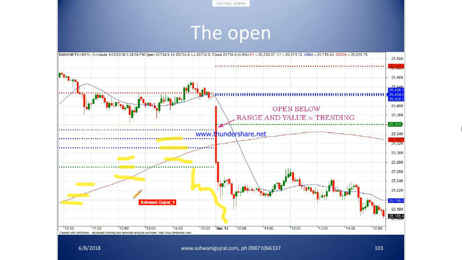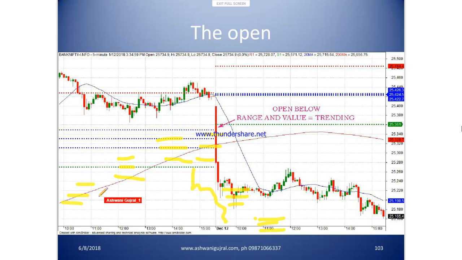Generally the way trends end is that you had this upside going on, and the next day the market opens below the pivot and keeps going lower. So this is a trend change. So the day after this, you will start to get pivots on the downside. So often trends are changed with gaps.